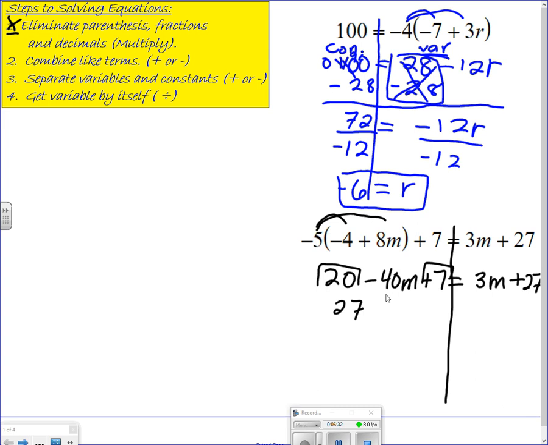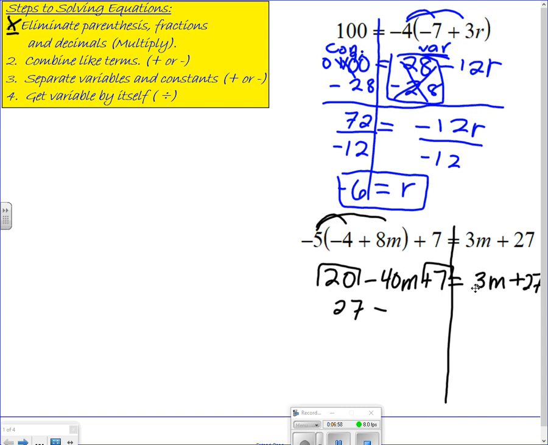On the left side, do I have any other m to combine with a -40m? There's no other m, so that would stay the same, -40m is equal. On the right side, can I combine those two? The keyword is like. 3m and 27 are not alike, so they cannot be combined.